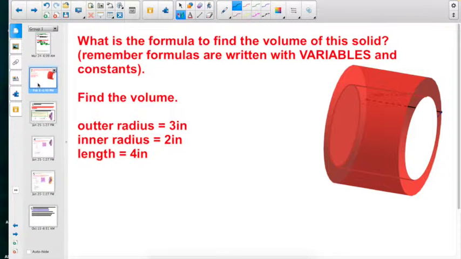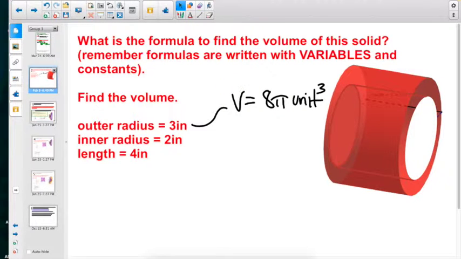Okay, so we know the outer volume was 8 pi units cubed. How about the inner? How are we going to find the inner? Yeah, this radius here, I tried to do a somewhat decent job.